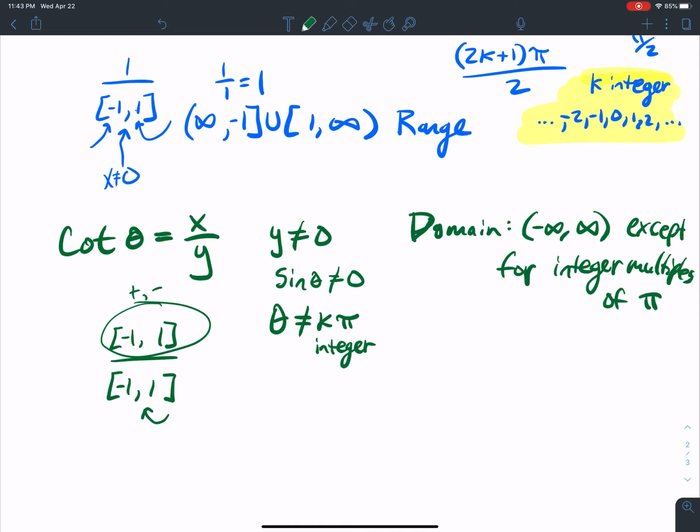But if I divide by something between -1 and 1 and it's not 0, it's going to make whatever's in the numerator bigger, okay? So it can be as big as we want it to be. So this output can be anything between -infinity and +infinity, okay? So the range is all real numbers, okay?